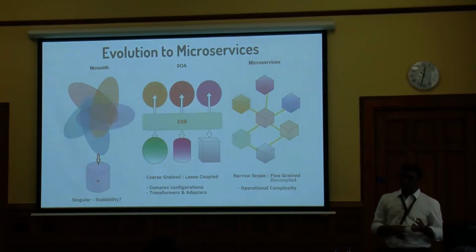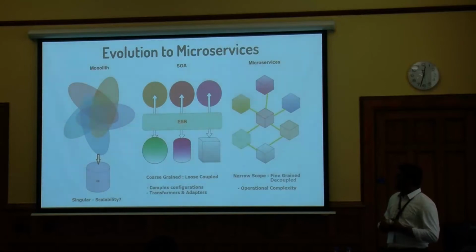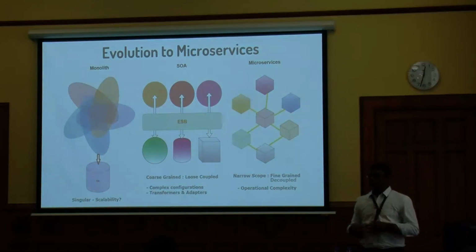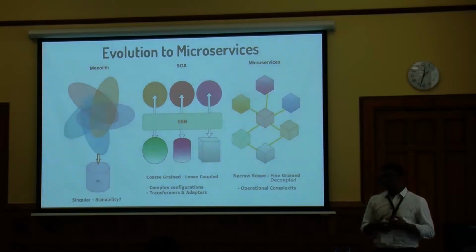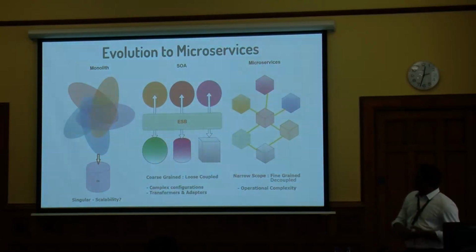This still gave you some kind of control over what's going between the services. Compared to monolith, this is a better architecture because you have your own service, and that service can communicate with external services. Let's say for insurance, you can communicate with the quote service or claim service, even the license service, to check what's happening. For all those things you will use SOA, and you achieve loose coupling.